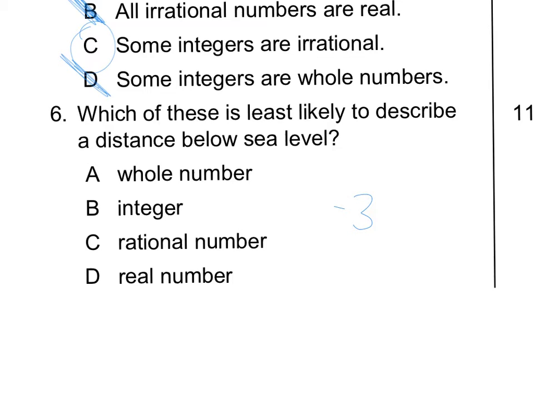Whole numbers could not be a negative. The smallest whole number is 0, and 0 is a whole number as well. 0 is not below sea level, is it? An integer, we could have -3, just like we wrote. A rational number, you could have -1/3. That's below sea level. And obviously all numbers are real numbers, so that would be fine. So A would be our answer.